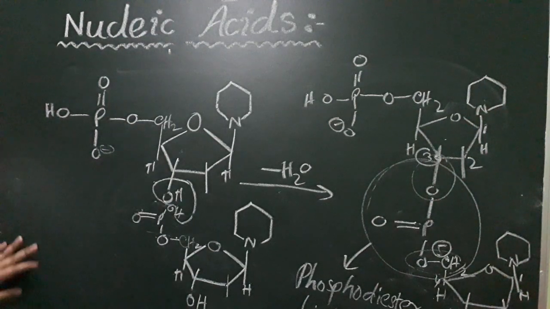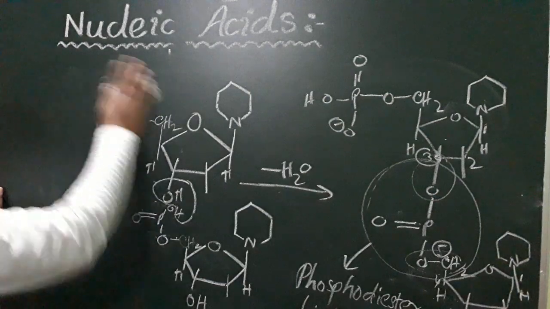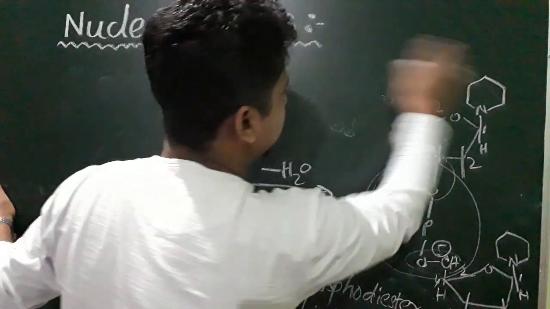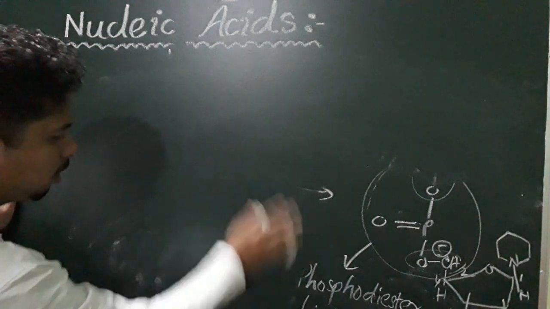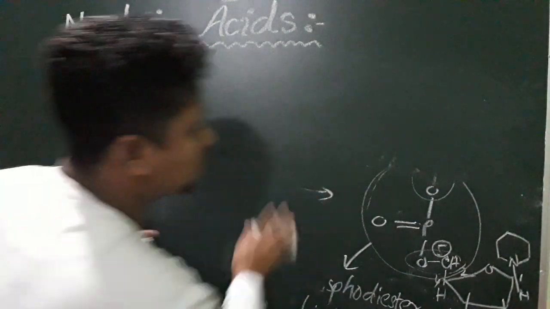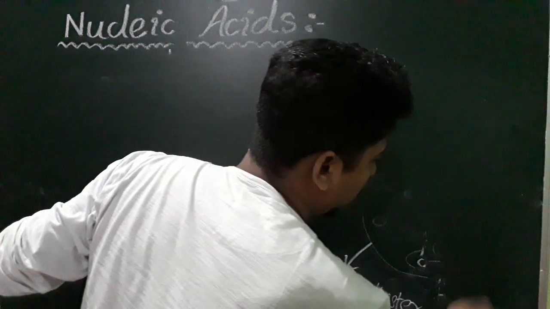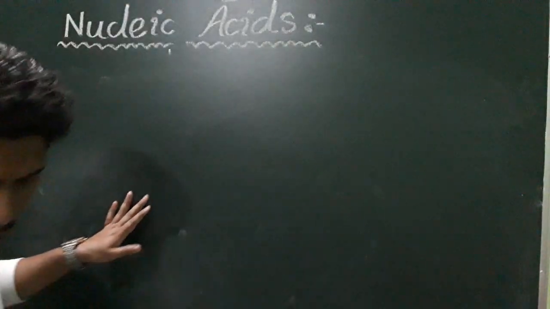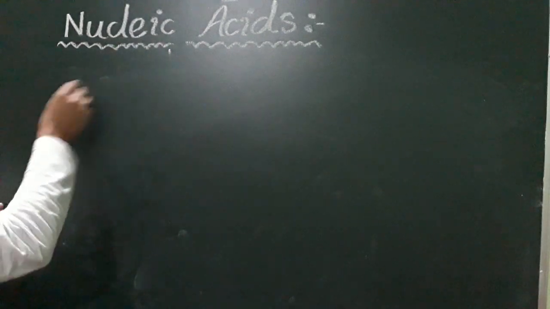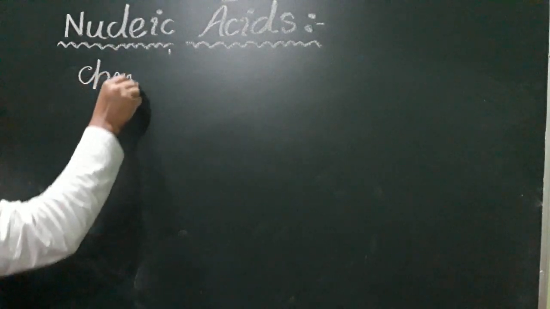Now we are going to study the chemical composition of nucleic acid. Though we have already discussed, nucleic acid consists of 3 components.